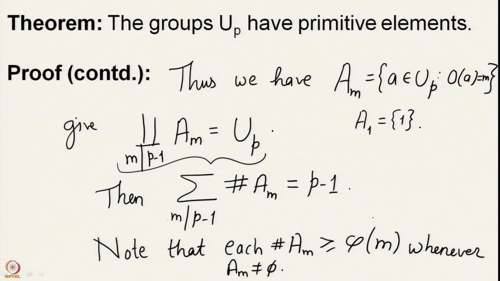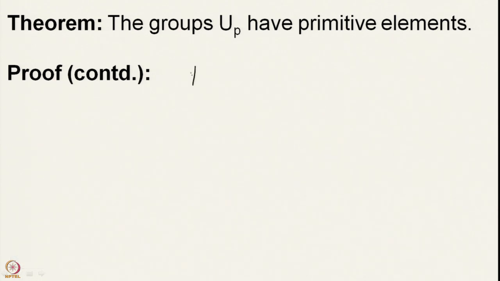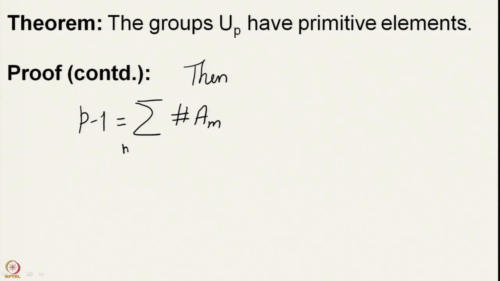So we have two equations here. Our equation number 1 tells you that these cardinalities sum to p minus 1, but then whenever A_m is non-empty, each such cardinality is bigger than or equal to phi(m). Let us put these together to get the following nice result. p minus 1 is the summation of the cardinality of A_m, where m divides p minus 1.